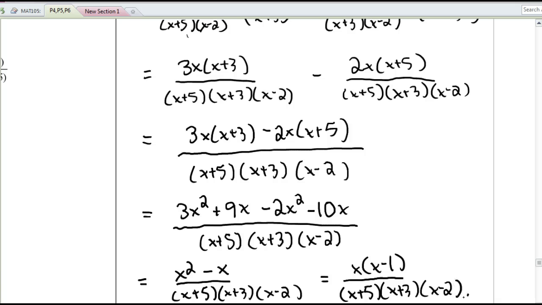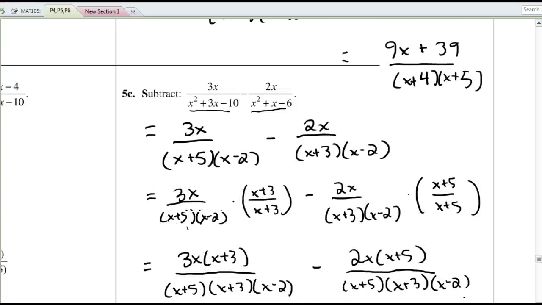A lot of steps, but basically what did we do? Let's just review. We started with each expression and factored the denominator. Top one, x plus 5, x minus 2. Second one, x plus 3, x minus 2. So review and make sure you can do that. And then we cataloged our denominators. Each one had two factors.